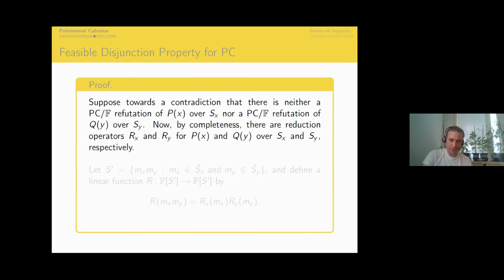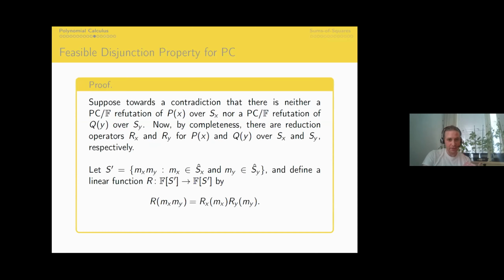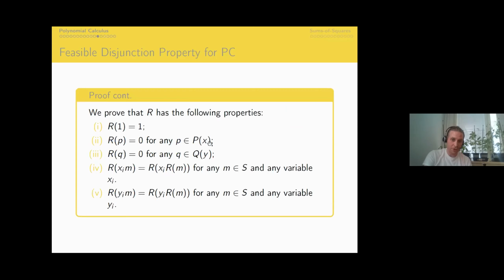So we have constructed this R from the assumption that there are no refutations of either side, and we want to show that this R has these properties: that it maps all the axioms to 0, and then has this commutativity property.